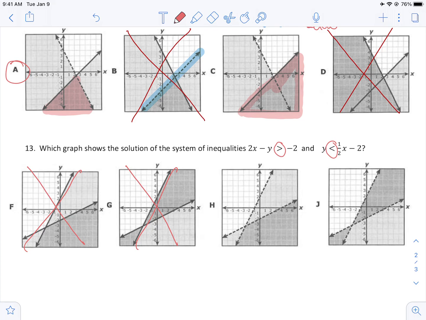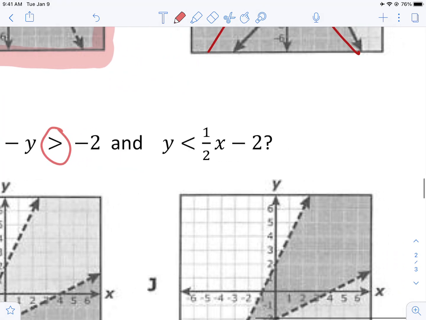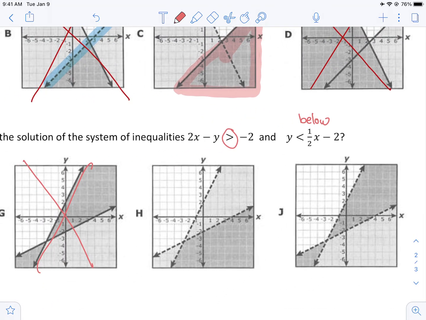So I want to start with the second equation because I do think it's going to be a little easier to at least graph it or determine which line it should represent. Based on the inequality sign, it should be something that is shaded below. So I'm going to type this into the calculator so I can determine which line it's going to be.